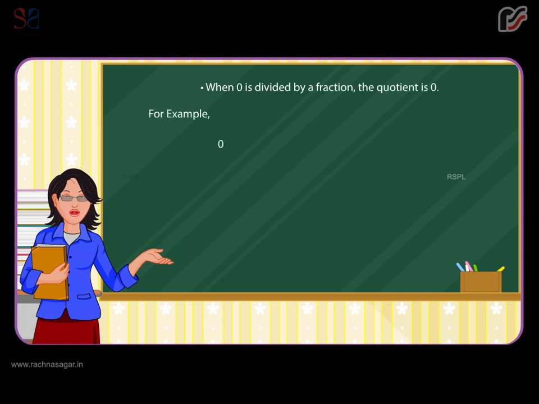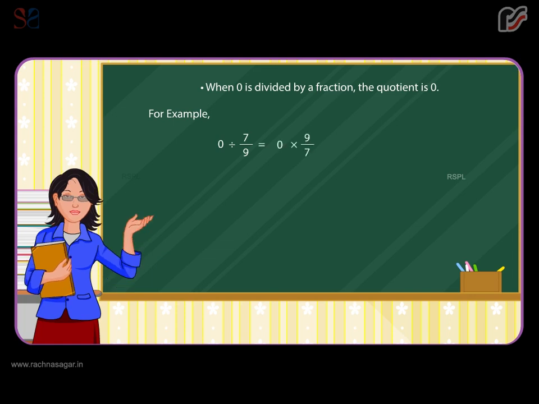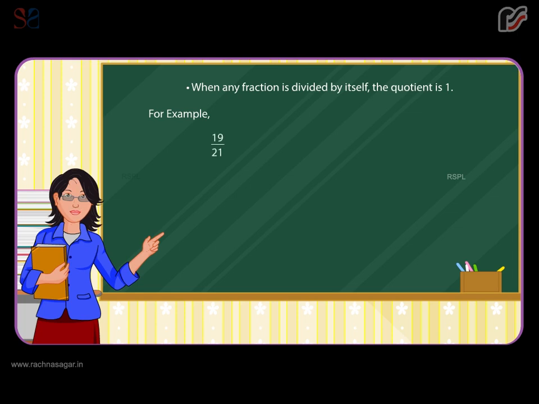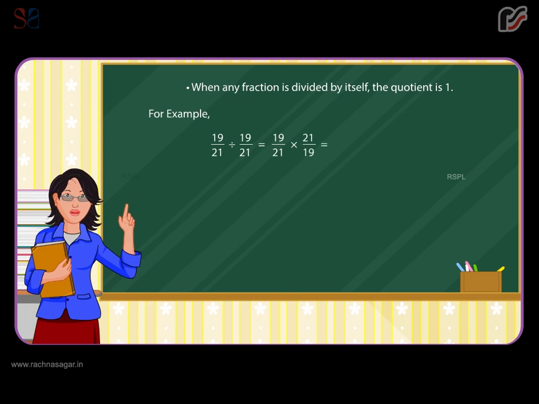For example, 0 divided by 7/9 is equal to 0 multiplied by 9/7, which is equal to 0. When any fraction is divided by itself, the quotient is 1. For example, 19/21 divided by 19/21 is equal to 19/21 multiplied by 21/19, which is equal to 1.